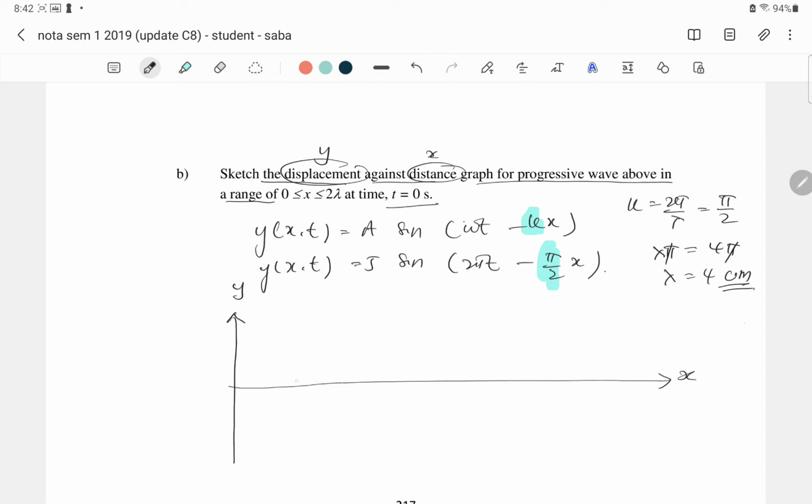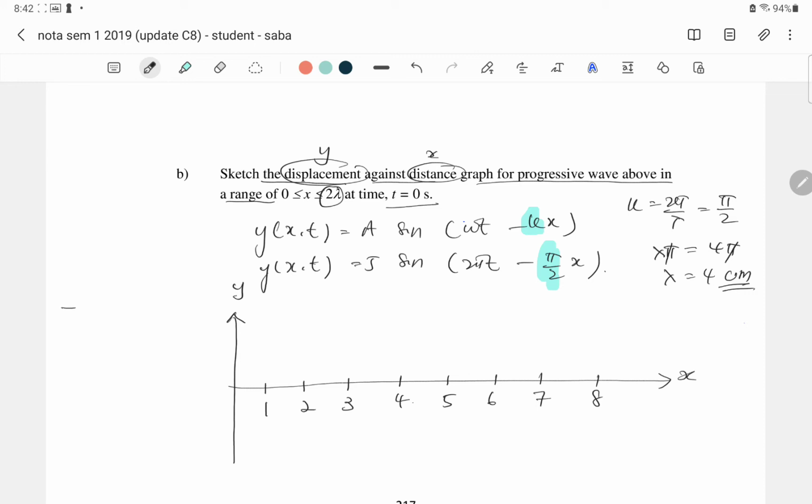So here you can plot the graph of 4 centimeter. So half of 4 is 2, half of 2 is 1, and then here we have 3. Because here you have to plot 2 lambda, so this one is 5, 6, 7, 8. Okay, so for 2 lambda.